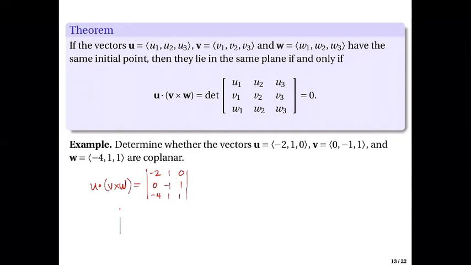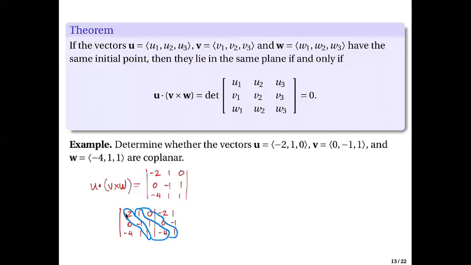Let me rewrite this here: negative 2, 1, 0, 0, negative 1, 1, negative 4, 1, 1, and then we augment the first two columns, negative 2, 0, negative 4, 1, negative 1, 1.